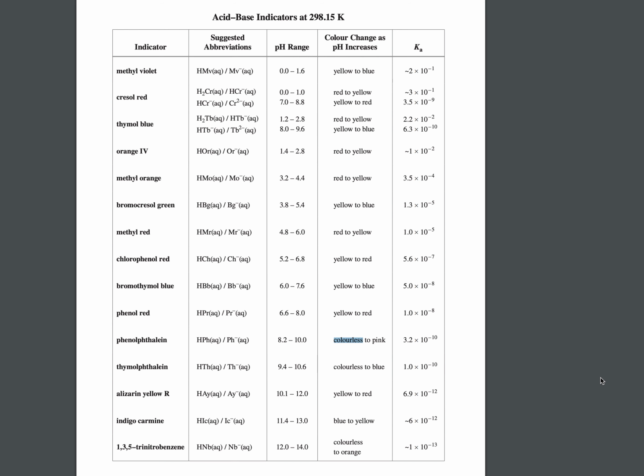As well, if something has colorless as one of its options, like thymolphthalein goes from colorless to blue, what's the middle range going to be? Well, it's going to be light blue. It's going to be very faded, and then it will turn into a much deeper color if it reaches all the way to the end of its pH range.